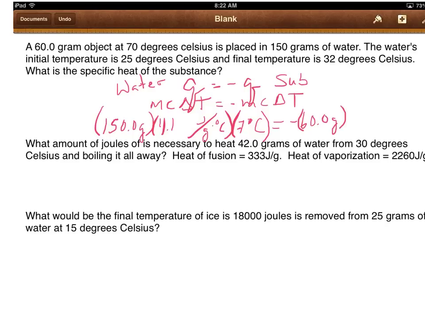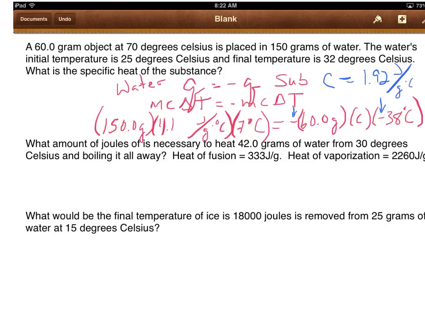Again, our unknown value is C, times delta T for the substance again, which is a negative 38. So on this side we have the negative value here and a negative value here, which will eventually cancel each other out. And if we do this entire problem and we solve for C, we will get, again, C is 1.92 joules per gram degree Celsius. So that's how we solve that particular problem.